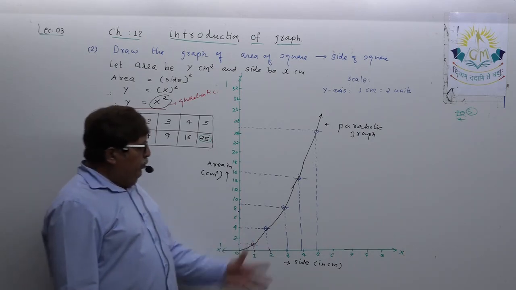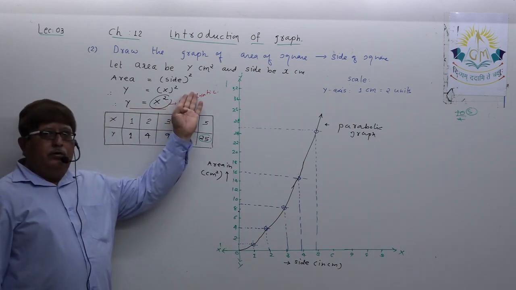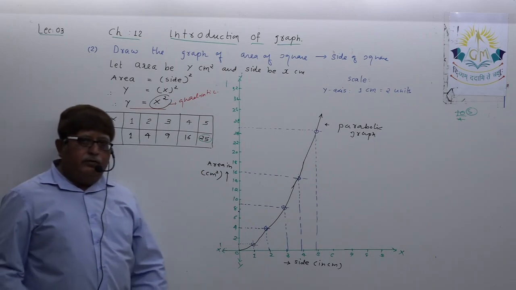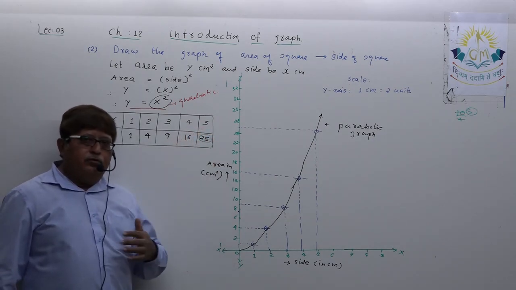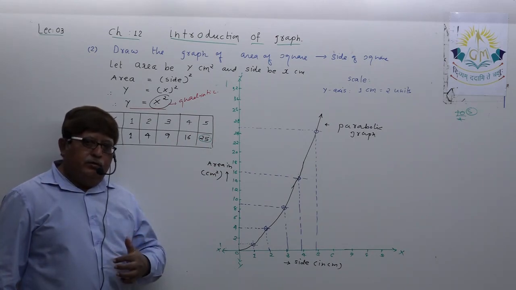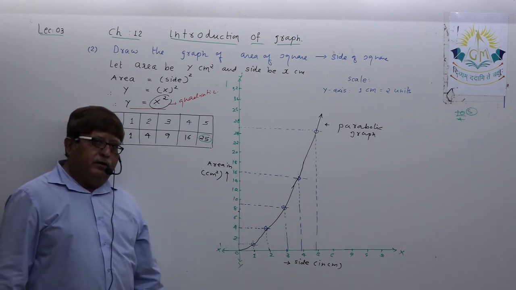Please understand the graph properly: how to make the equation of the graph, how to get the values of the two variables, and how to represent it on the graph. Understood?